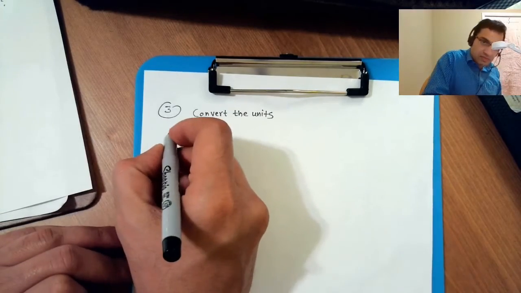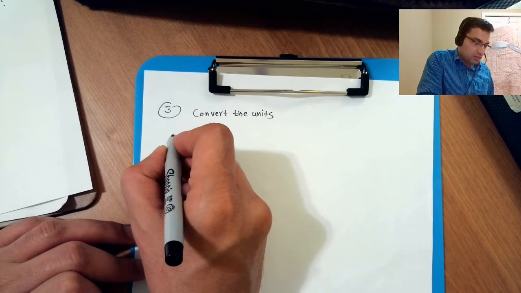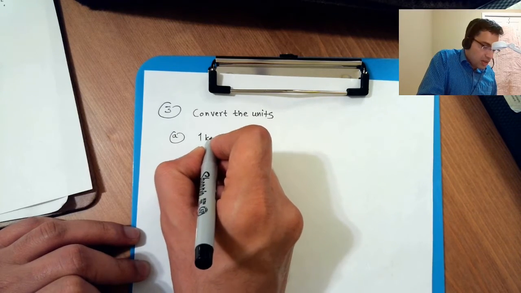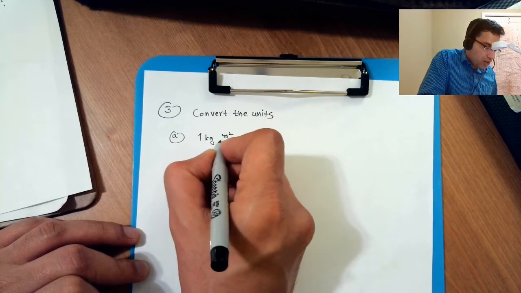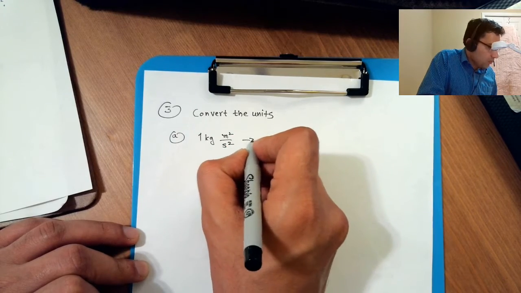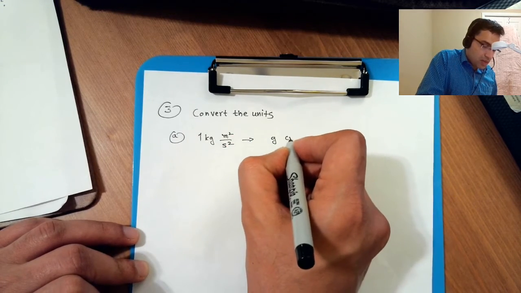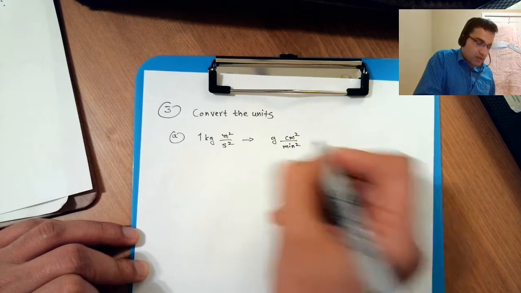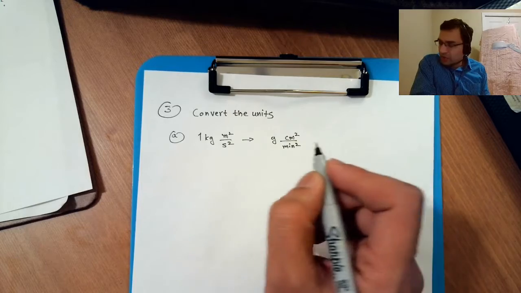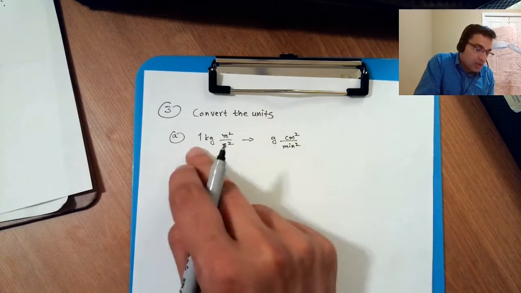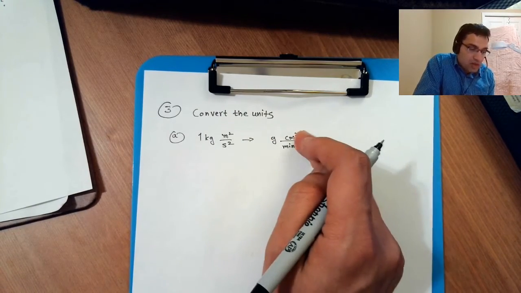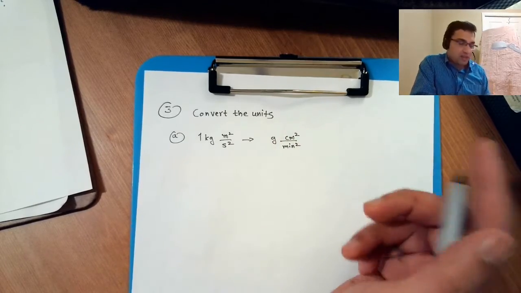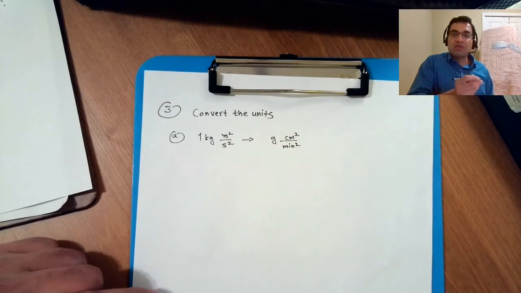First one is convert 1 kilogram meter square per second square to gram centimeter square per minute square. So now you need to convert kilogram to gram, meter to centimeters twice because it's square, and then second to minute. So what are the right conversion factors?